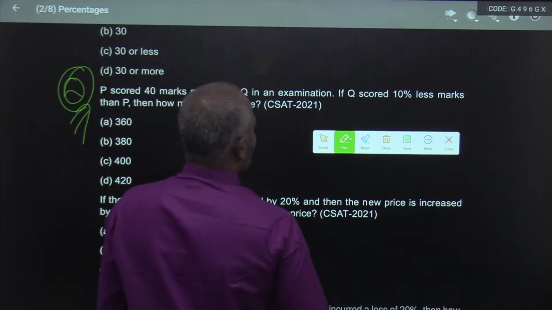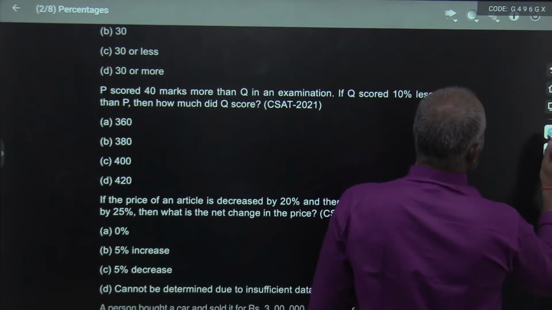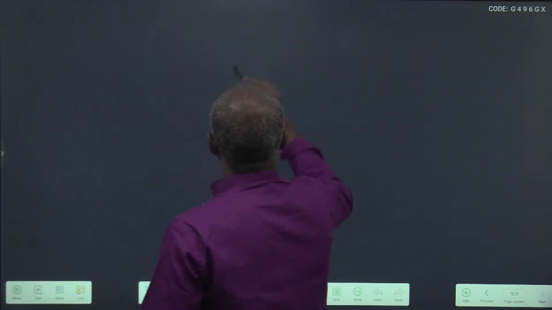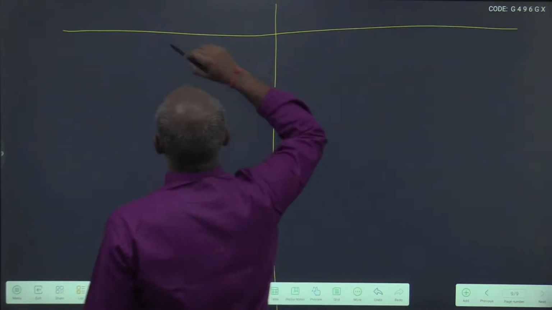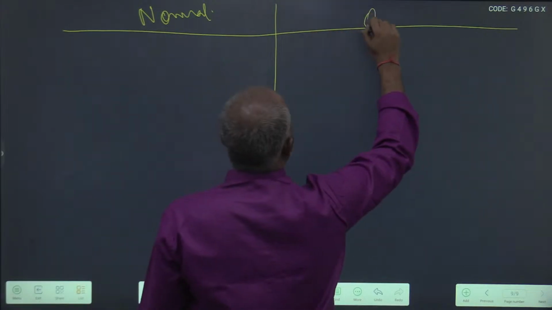So let's solve this. There is a normal way and our way.